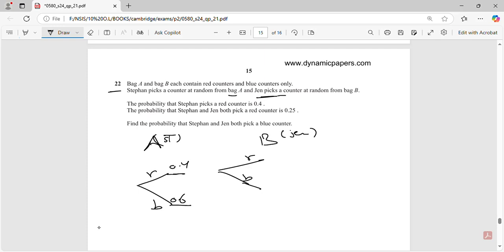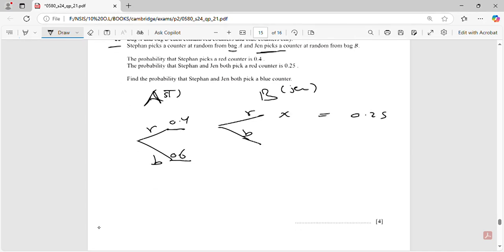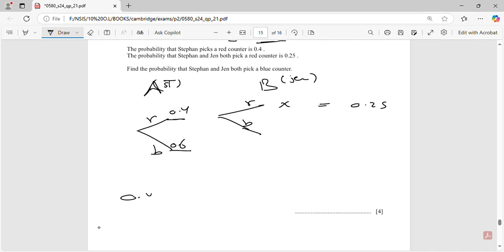But he said the probability that Stephen and Jane both pick red, so red and red, I don't know what it's equal to, but he said the both are equal to 0.25. So for this equation, it will be 0.4x equals 0.25. So x equals 0.25 divided by 0.4. You understand what's happening here, right?